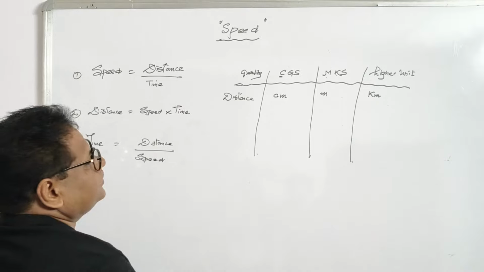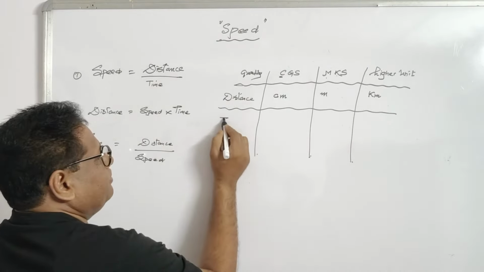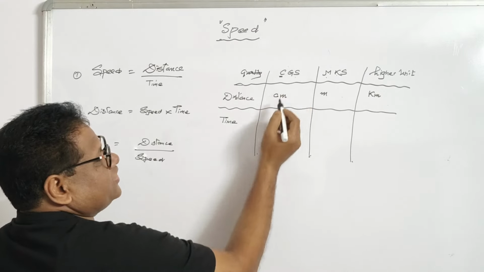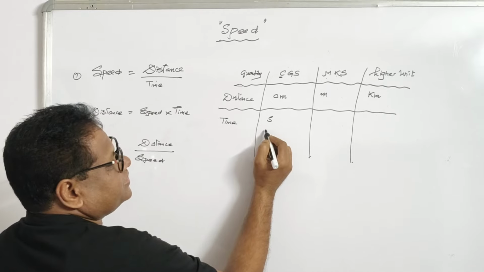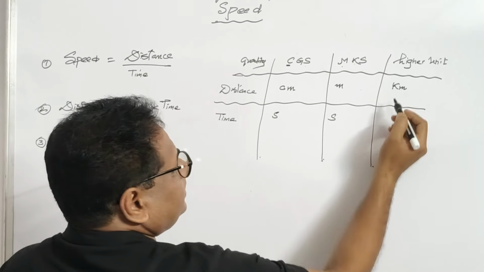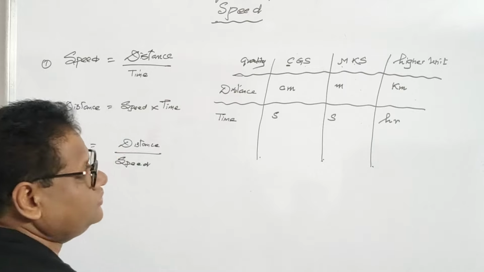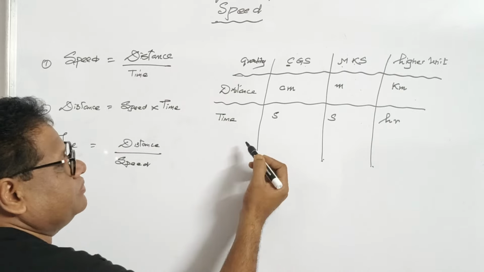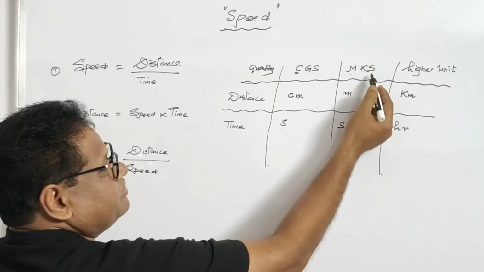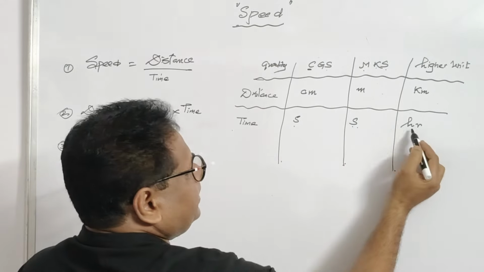Now the next quantity we are going to discuss is time. For CGS unit, the S stands for seconds, so it is seconds here, and also seconds in the MKS system, but for the higher unit the time unit is hour. I repeat once again, the unit of time in CGS system is seconds, same as in MKS system, and for the higher unit the time unit is hour.